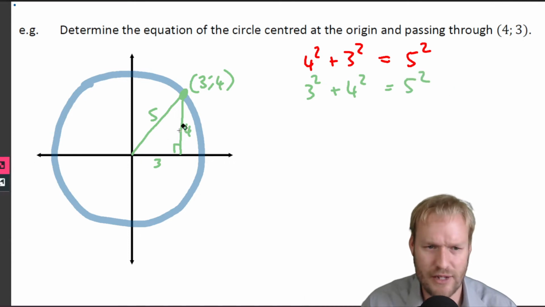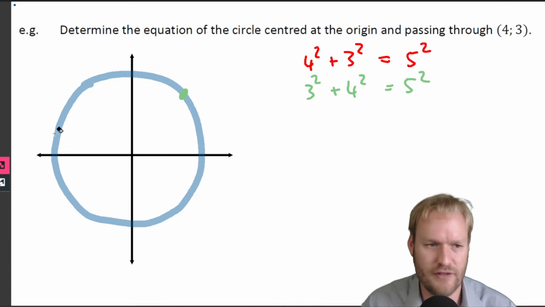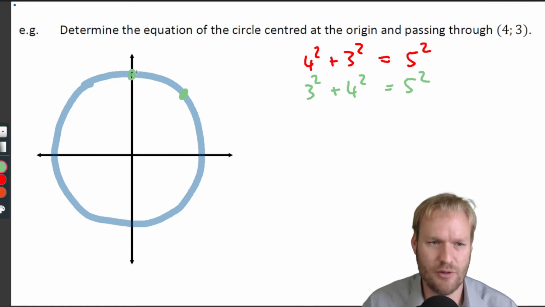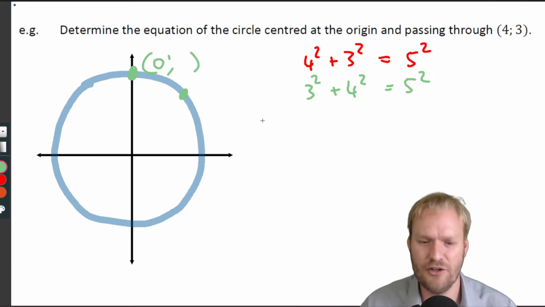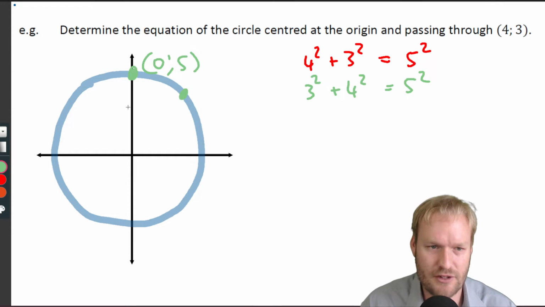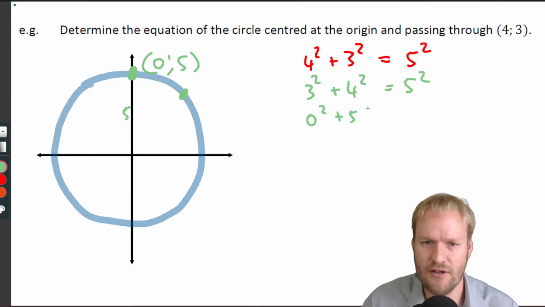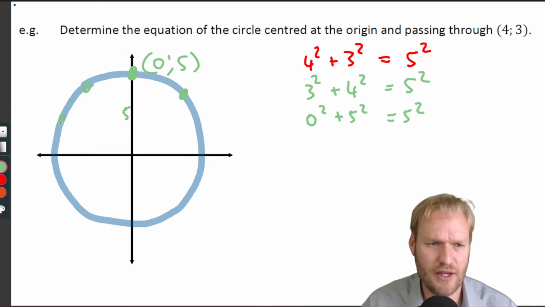Okay, so we could keep playing this game for quite a few points, right? So let's pick some other point. Maybe this point up here. Well, we know that that's 0. Y value? Well, y value must be 5 because the radius is 5. And this still seems to work. 0 squared plus 5 squared equals 5 squared. So we could do this with any point on our circle, any at all.